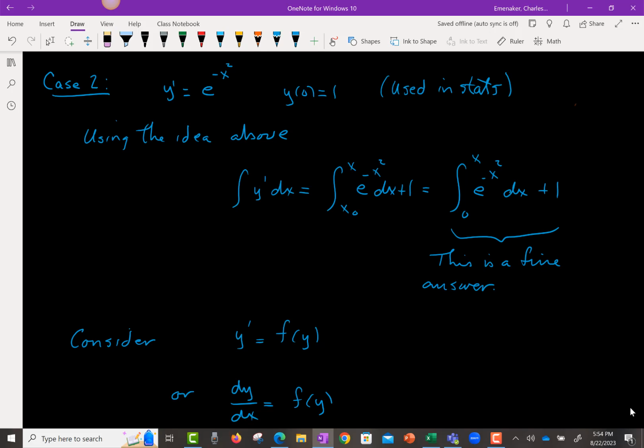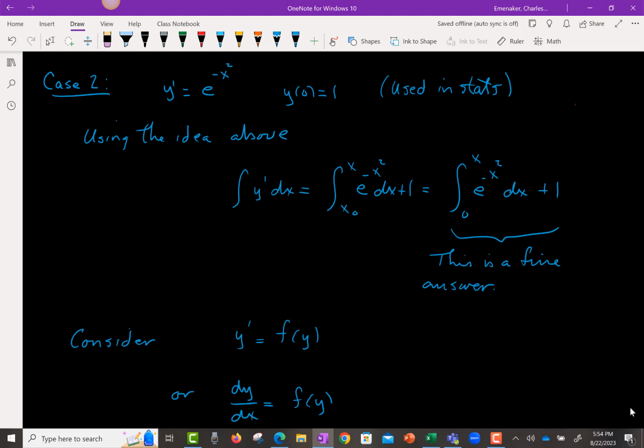So using the idea from above, I'm going to take this function and apply the antiderivative to both sides, which is going to give me the integral of y prime equals the integral from x0 to x of e to the negative x squared dx. And notice here I have a plus 1. This plus 1 comes from the value y sub 0 equals 1, which is that information right there.